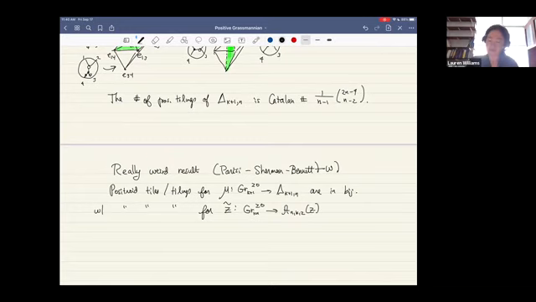And this is weird. I think this is very weird for a lot of reasons. One of them is that the hypersimplex is a polytope. The amplituhedron for m equals 2 is not a polytope. Well, for k equals 1, it's a polytope, but in general, it's not.